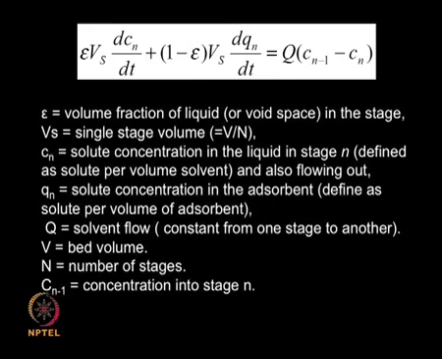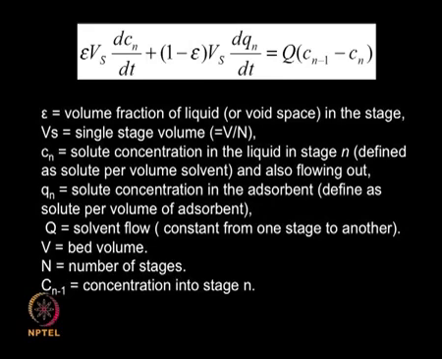Very straightforward equation. Q Cn minus 1 is the concentration of solute entering stage n, minus Q Cn, the concentration of solute leaving stage n. This is equal to the accumulation. There are two types of accumulation.